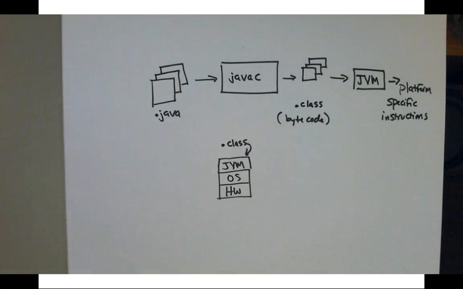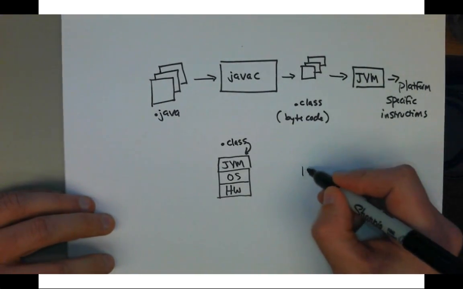It basically emulates a real piece of hardware with an operating system running on top of that hardware. And it defines this .class file format. The JVM then converts the virtual machine instructions into real machine instructions based on the platform that the JVM is running on.